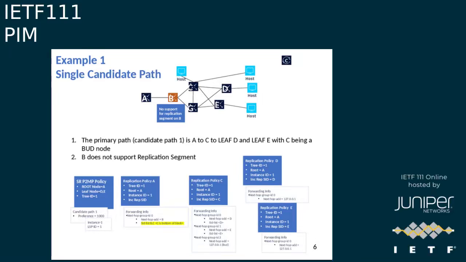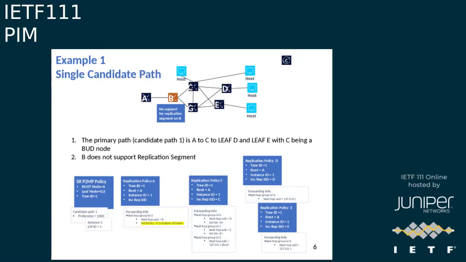Another point I want to bring up is that previously we mentioned that two replication segments could be disjoint from each other, and could be connected via a unicast SR policy, whether it's MPLS or SRv6, beside the point.